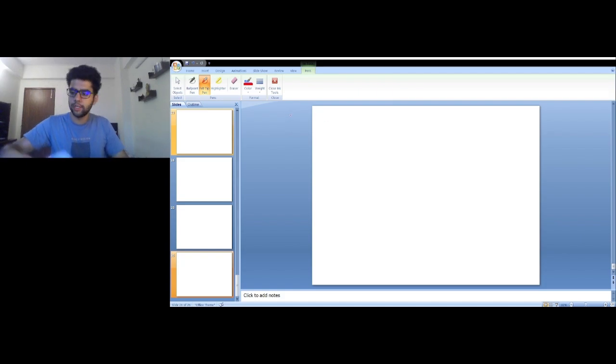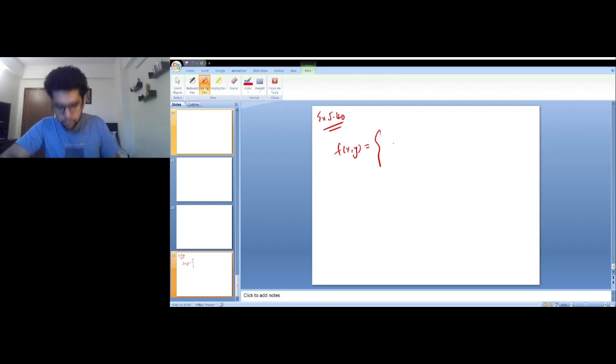So the first question says that the joint probability density function of a two-dimensional random variable x comma y is given by, this is a two-dimensional random variable, right?